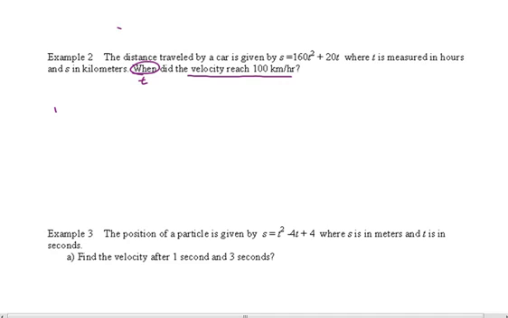The derivative. So our velocity is s prime of t, which is 320t plus 20. When is our velocity equal to 100?